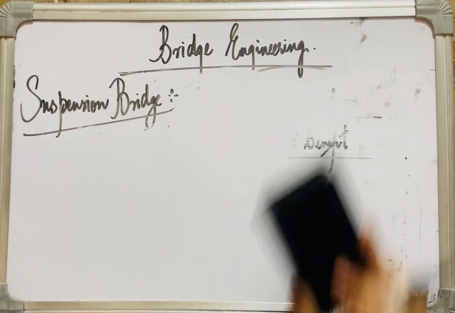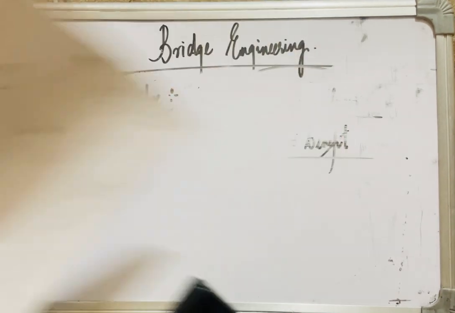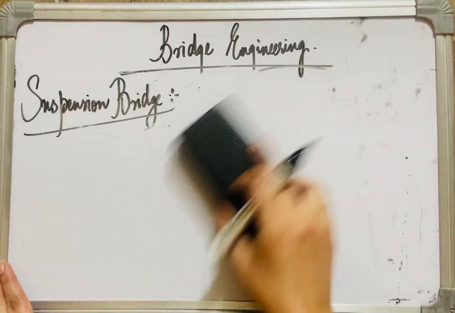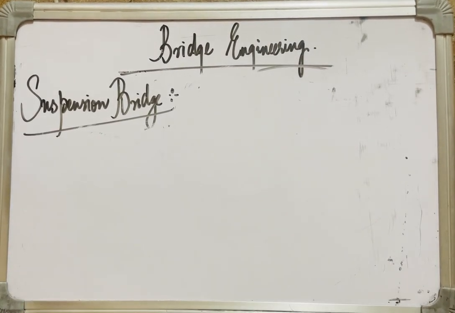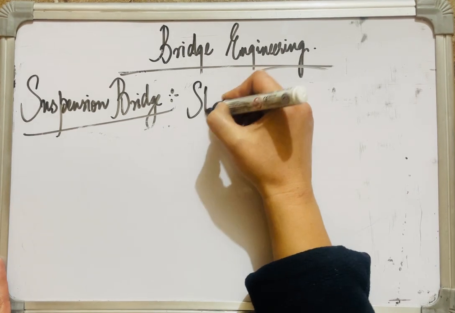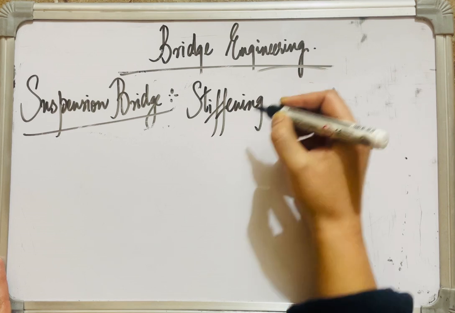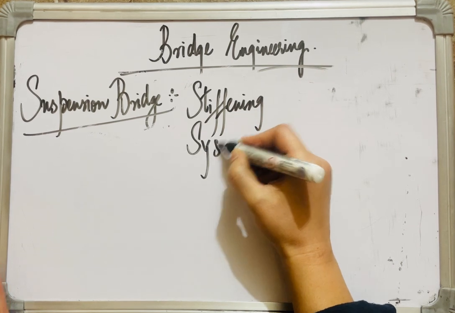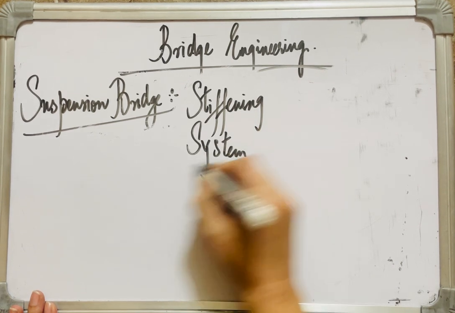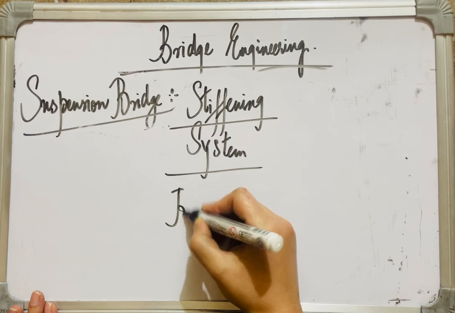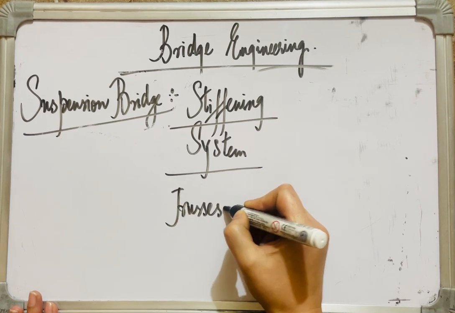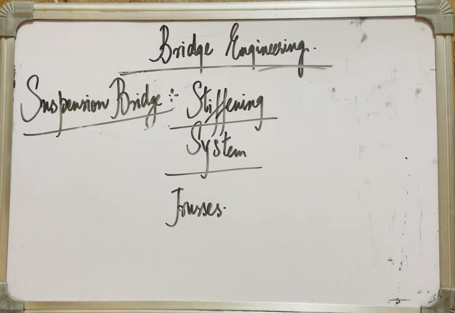All right, in addition to this, there is the deck and stiffening system. We have studied what is the deck. Now the stiffening system, which is an essential component in case of a suspension bridge, consists of trusses which are pinned at the towers.